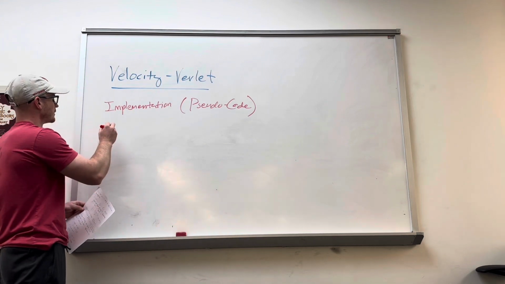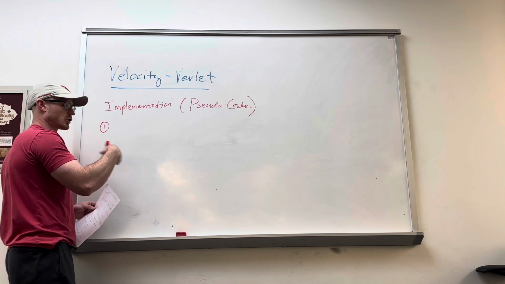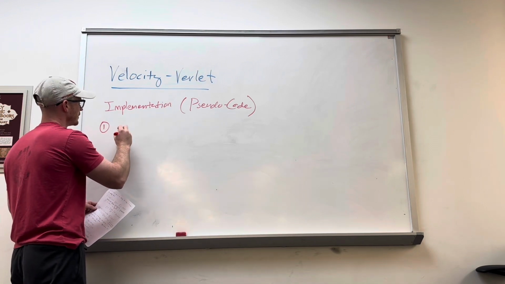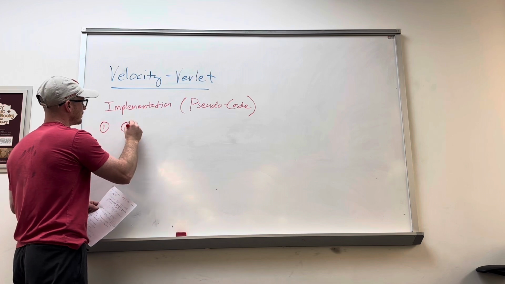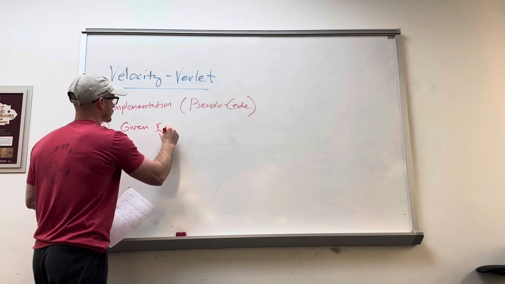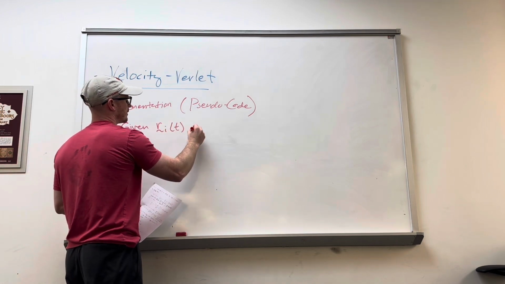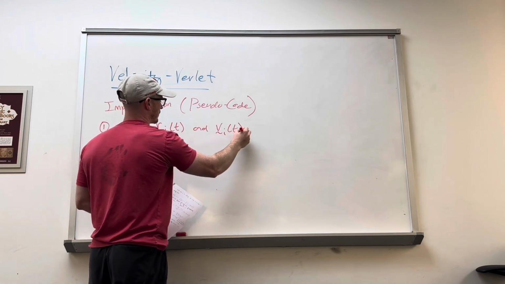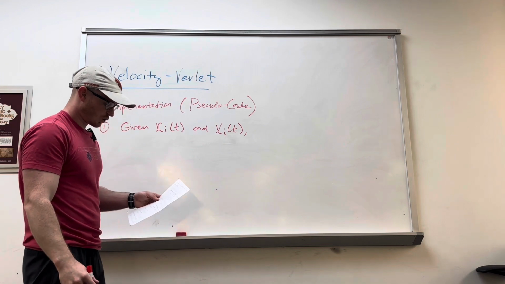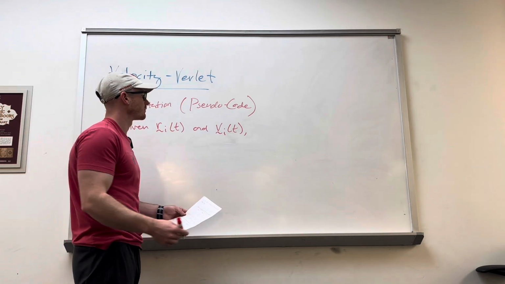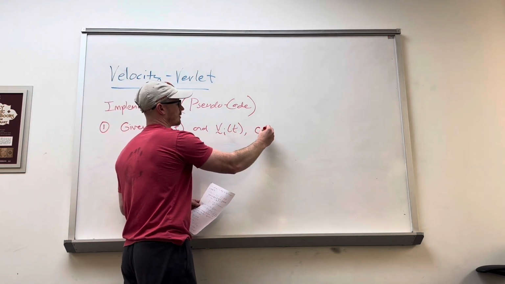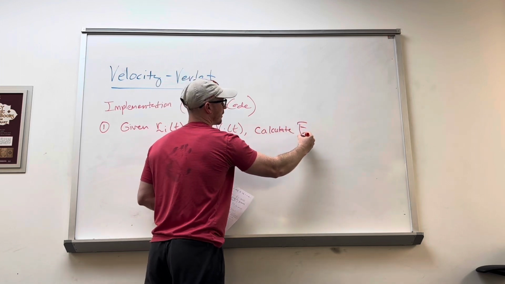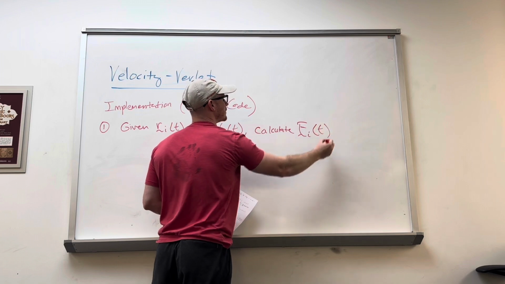The first thing we're going to do is keep track of our starting positions. So given our initial positions and velocities, we're going to calculate our current force at time t.